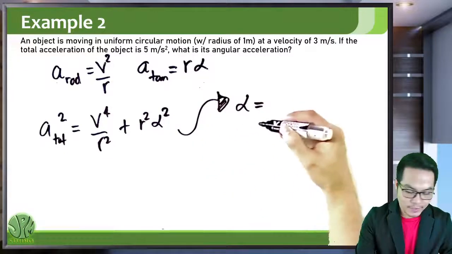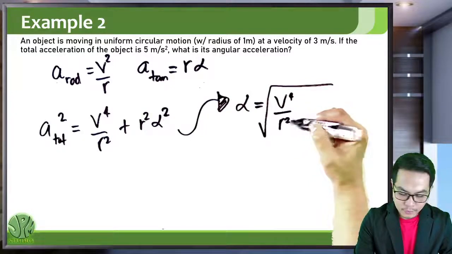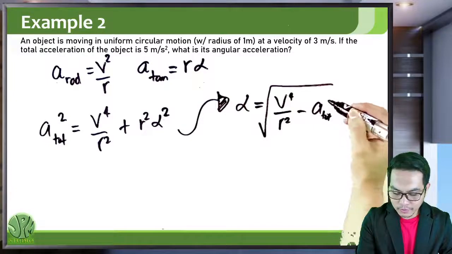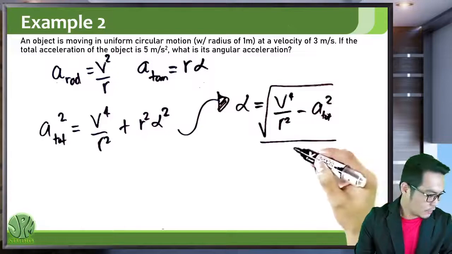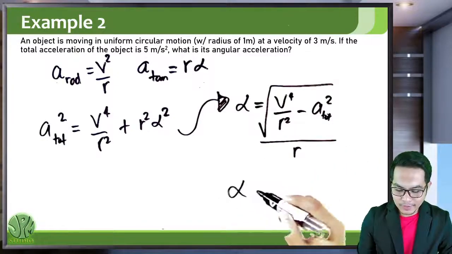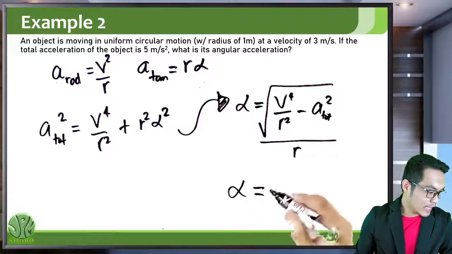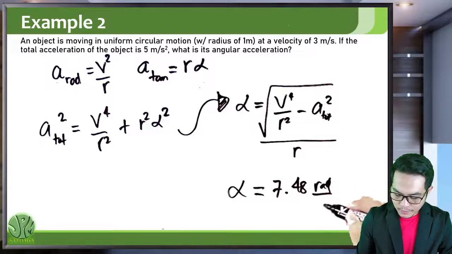You will get alpha is equal to the square root of v to the fourth over r squared minus a total squared, all over r. So you substitute all of the values, and you will get an answer of 7.48 radians per second squared.